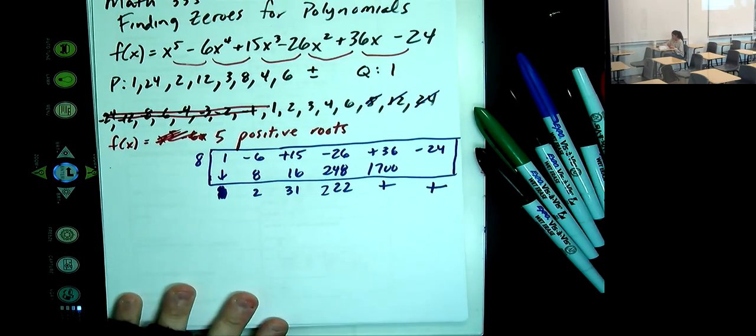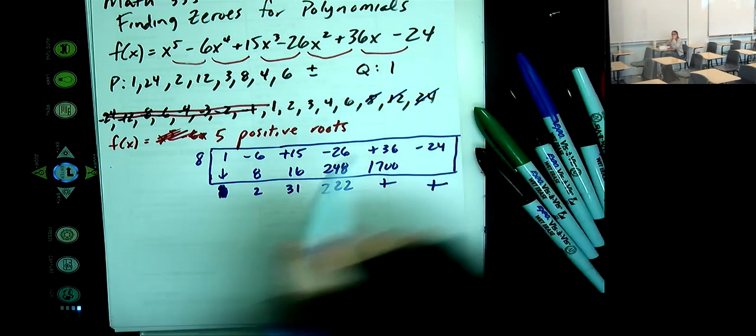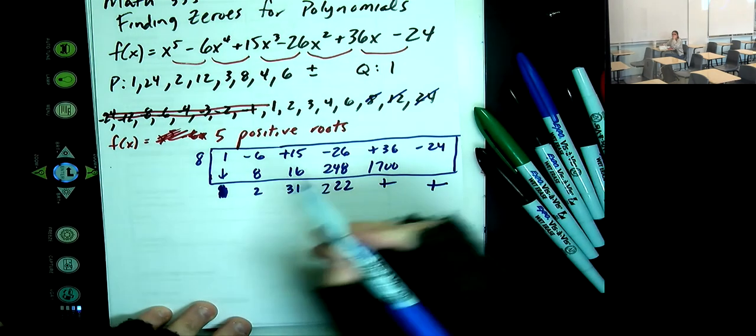So now we've only got a few options left: 1, 2, 3, 4, and 6. We might be lucky to get maybe all 5 of those. So let's, I don't know, let's try 4.